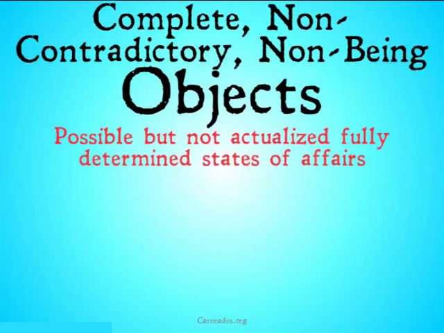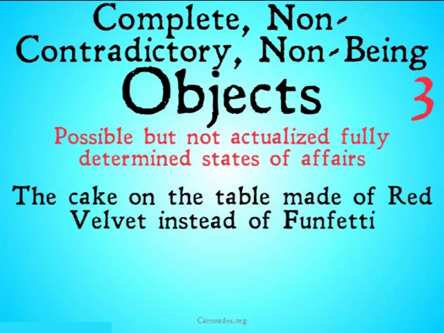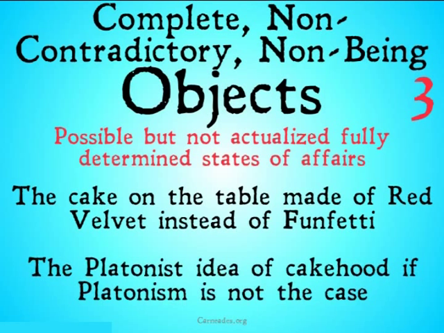So, we're talking about, for bucket number 3, complete non-contradictory non-being objects. These are possible but not actualized, fully determined states of affairs. These are things like the cake on the table being made of red velvet instead of funfetti. If in fact the cake on the table is made of funfetti, the cake being made of red velvet is a complete non-contradictory, non-being object.